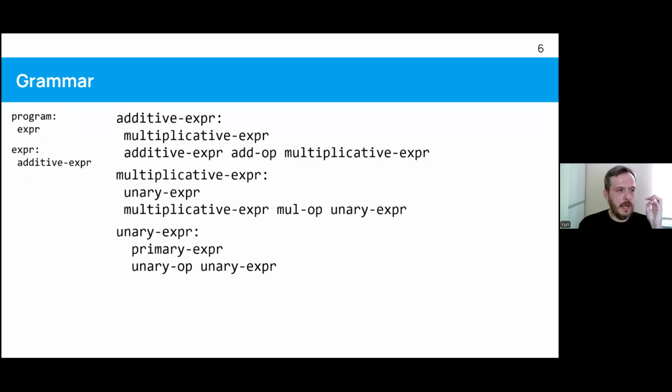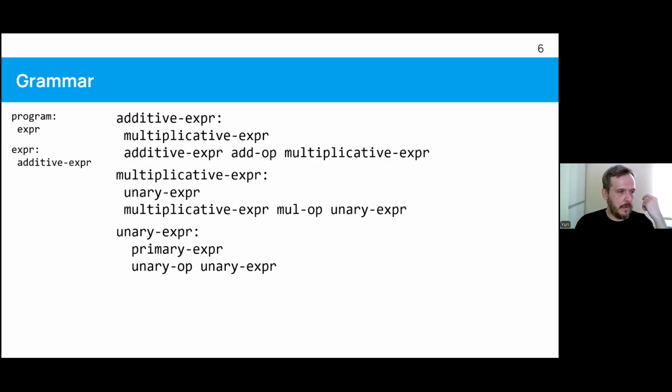An additive expression can have multiplicative expressions as its operands, which are multiply or divide. The grammar is structured in such a way that the operation precedence is baked into the grammar, so we cannot build the tree in any different way. I will show you how it will work when we get to the code today.